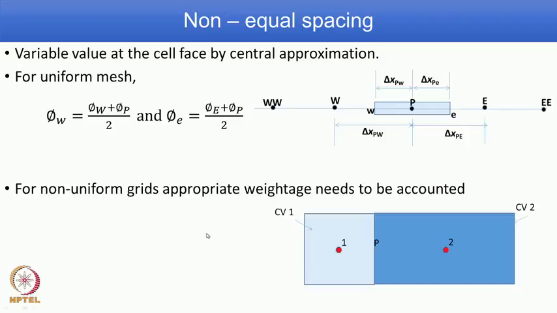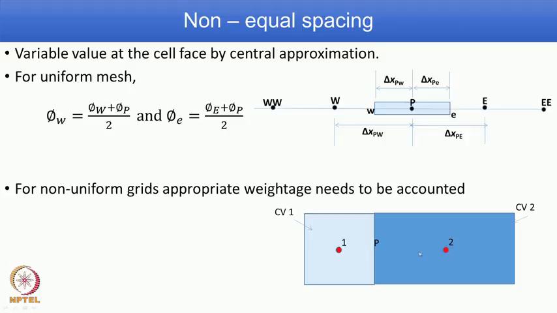What is shown here is an illustration. We have one control volume as shown with the node marked as 1, then another control volume with the node marked as 2, and then we have the point of interest P, and the control volume for P will run from 1 to 2, abutting 1 to 2.